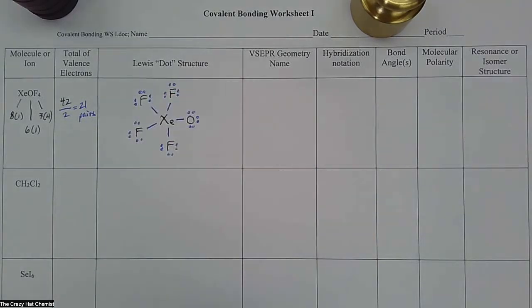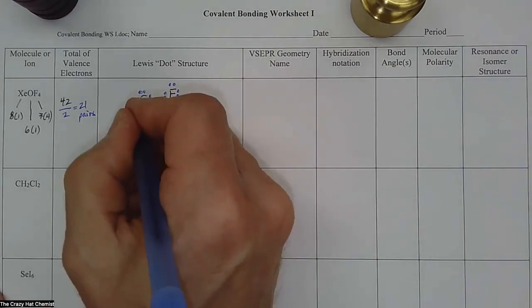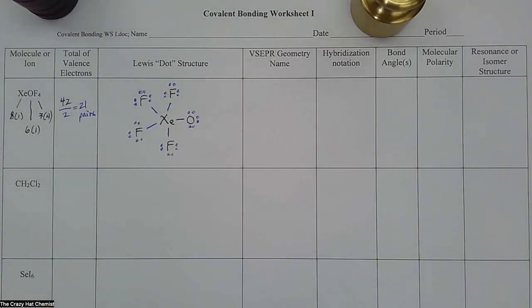So the reason I stopped at each one of these, and now I have 20 pairs of electrons, is that what I'm going to do is draw in pencil here, and this is what you're going to imagine in your mind.